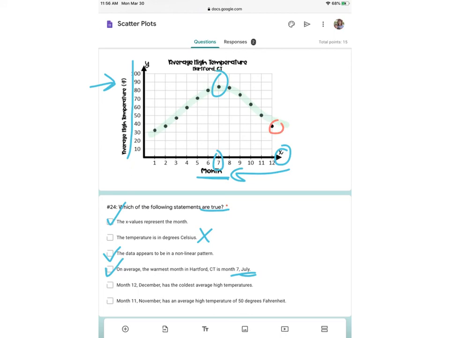So here's December. And I actually think this one's a little bit colder, so I would not say that's true. And then month 11, November has an average high temperature of 50. So if we go to November, to the average high, and that is 50. So that one is true. So you have to be a careful reader here and take your time and look at the graph for all of these.